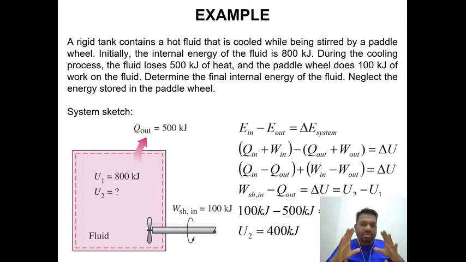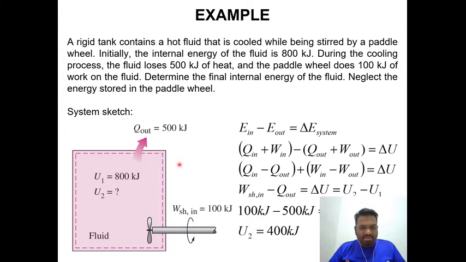Normally we will give one system, and from the system we give some parameters, and one of the parameters will be missing and you need to calculate it. Let's read the question. A rigid tank contains a hot fluid that is cooled while being stirred by a paddle wheel.